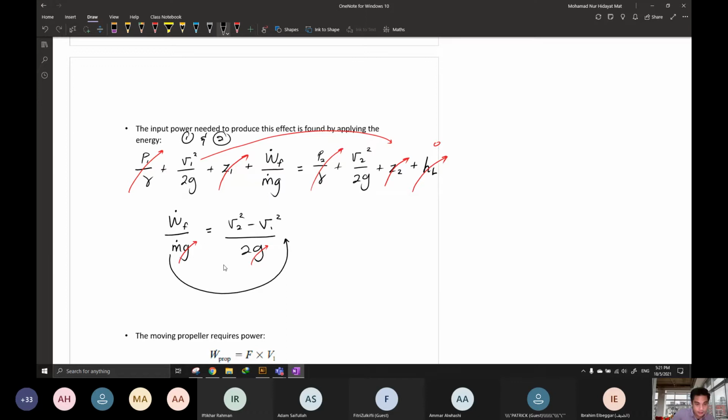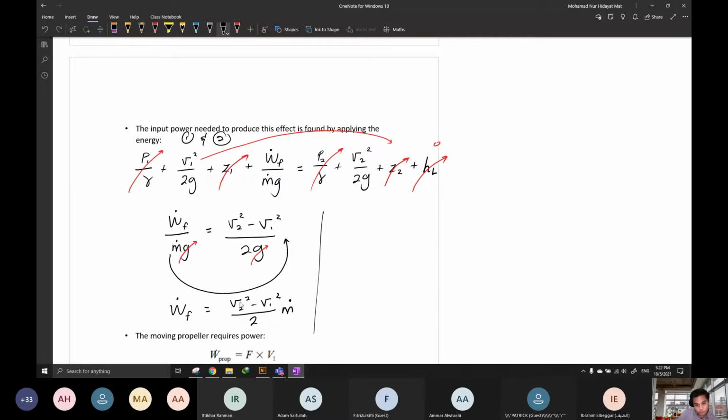Finally, we will have W of fluid, this is energy from the fluid, equal to V2 squared minus V1 squared over 2 multiplied with mass flow rate.